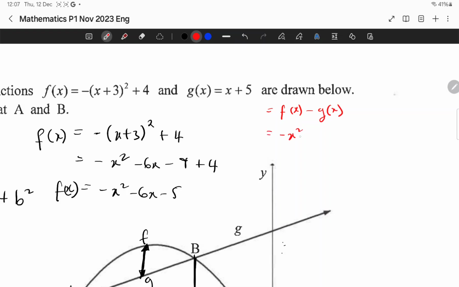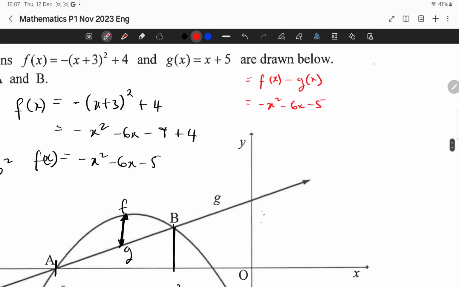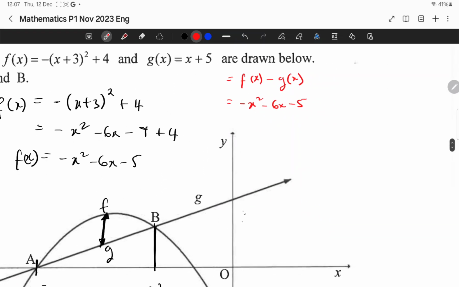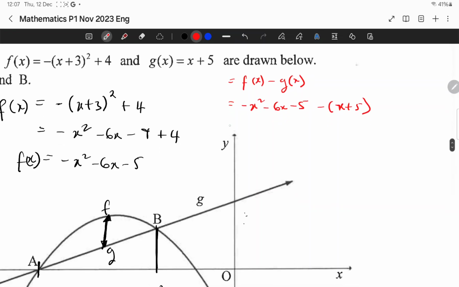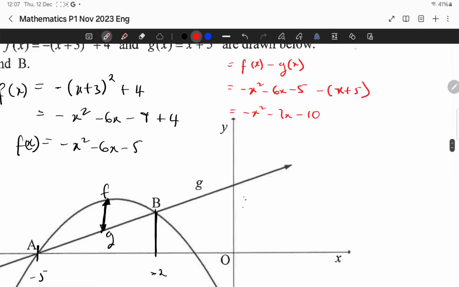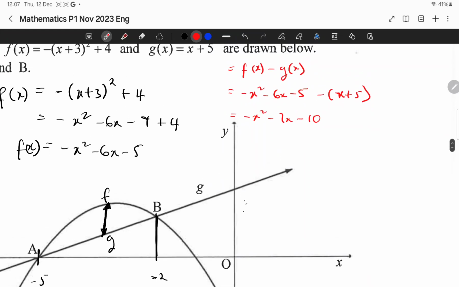Simplified, it becomes x minus x squared minus 6x minus 5. How I simplified this, you can look at the previous video, but it's pretty simple. Minus x plus 5. Simplify this, it becomes minus x squared minus 7x minus 10, right? Now we have d of x.